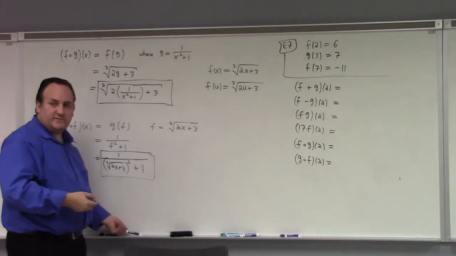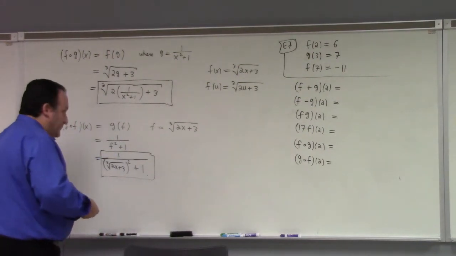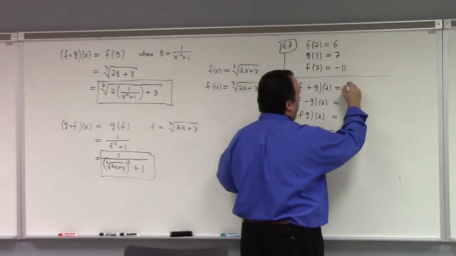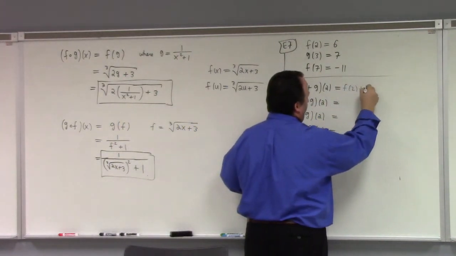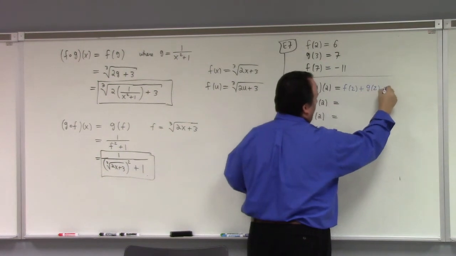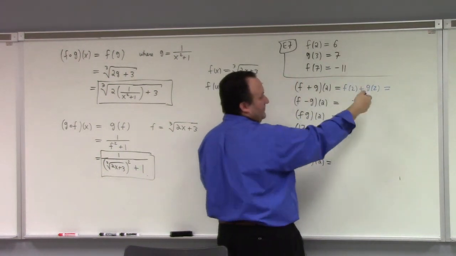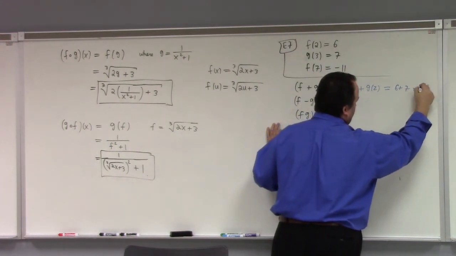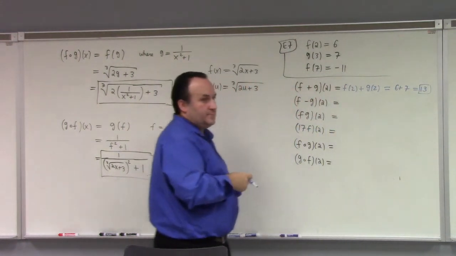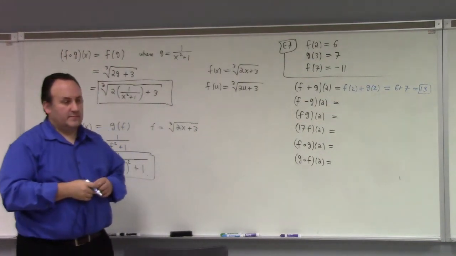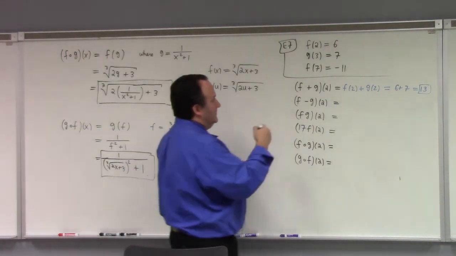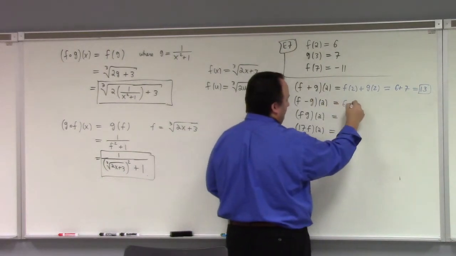What's f plus g of 2? By definition, f of 2 plus g of 2, right? Which is 6 plus 7. So the answer to the first thing here is 13. How about f minus g of 2? It's just 6 minus 7, right?